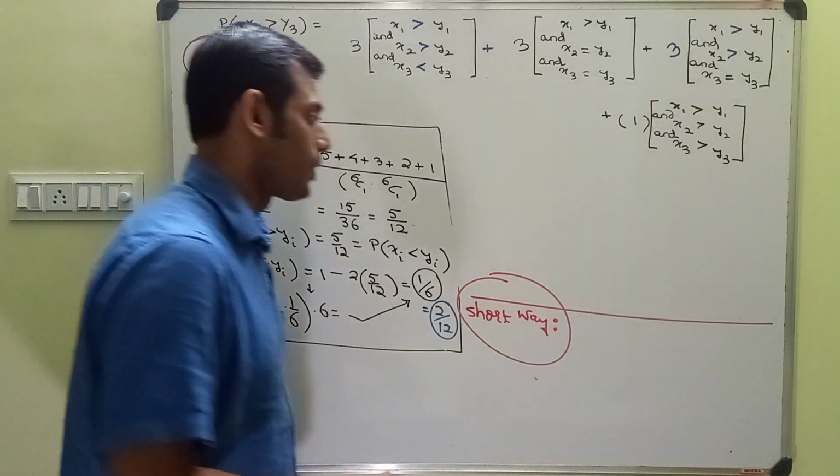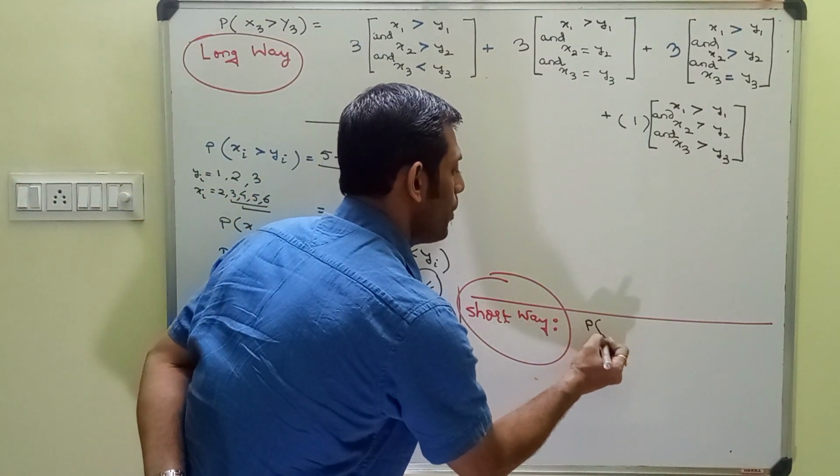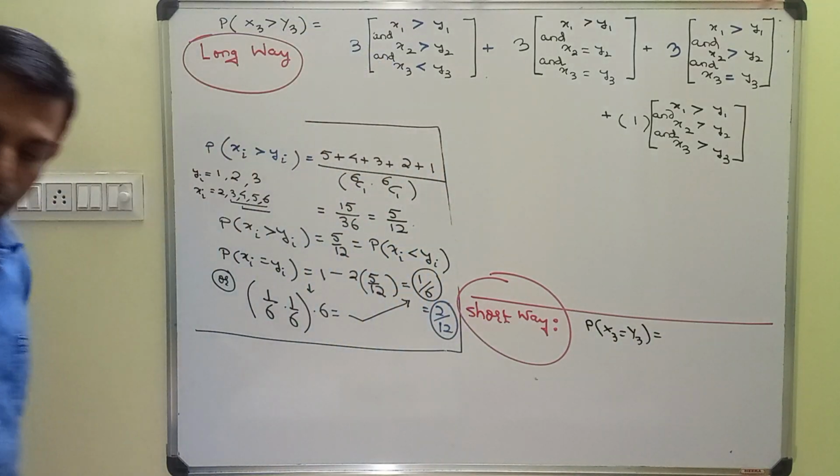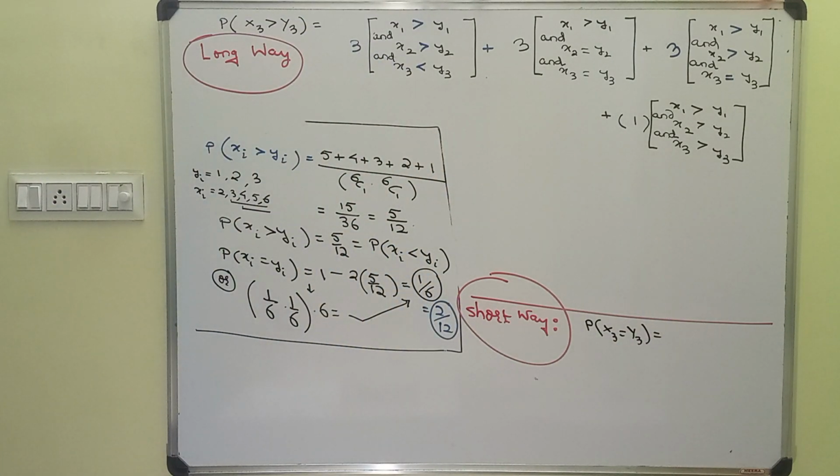See. Probability of x3 equal to y3 was available to us in the previous question, and it was valued at 77 by 432.